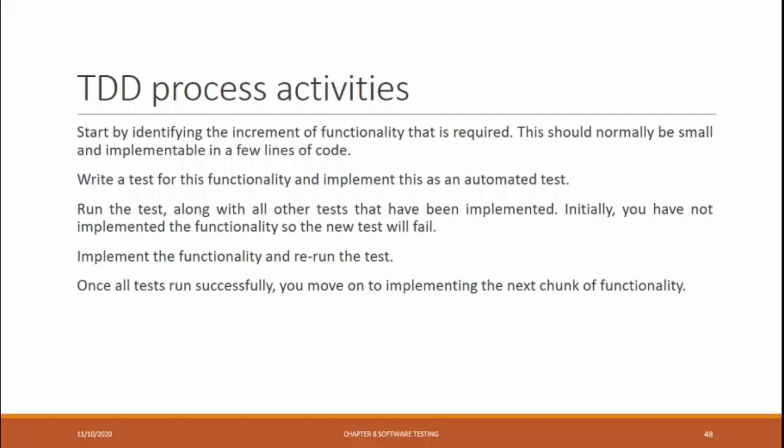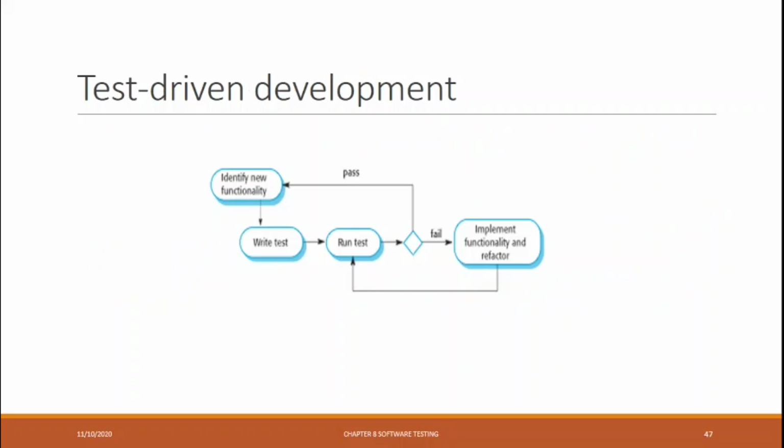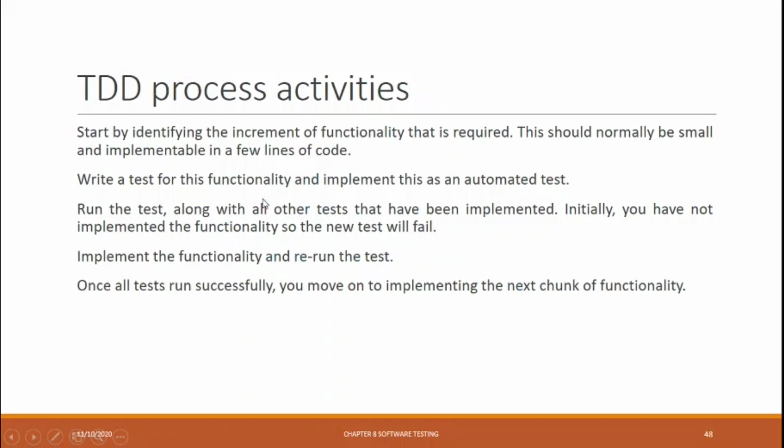In the examination they can ask what are the steps in the process, or what are the fundamental steps of a TDD process. So the first step is to start by identifying the increments of functionality. This should normally be small and implemented in a few lines of code.